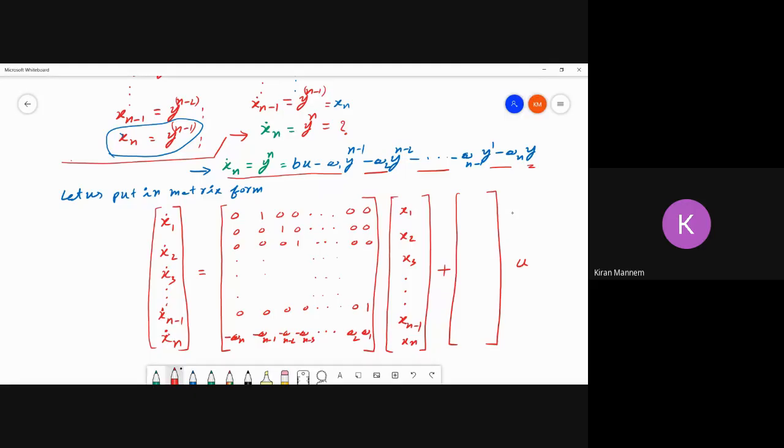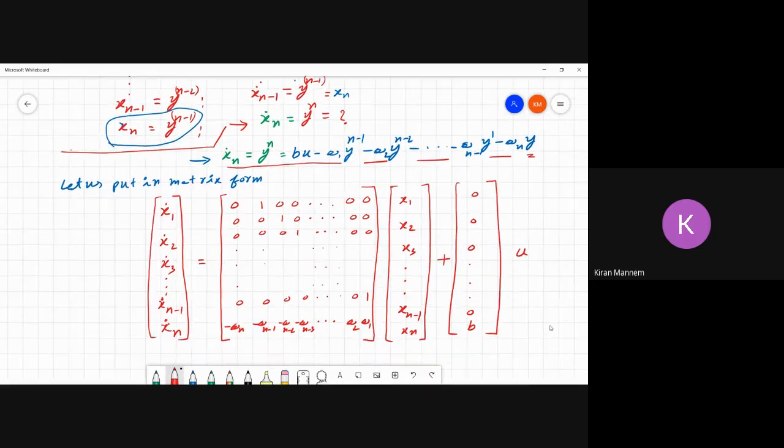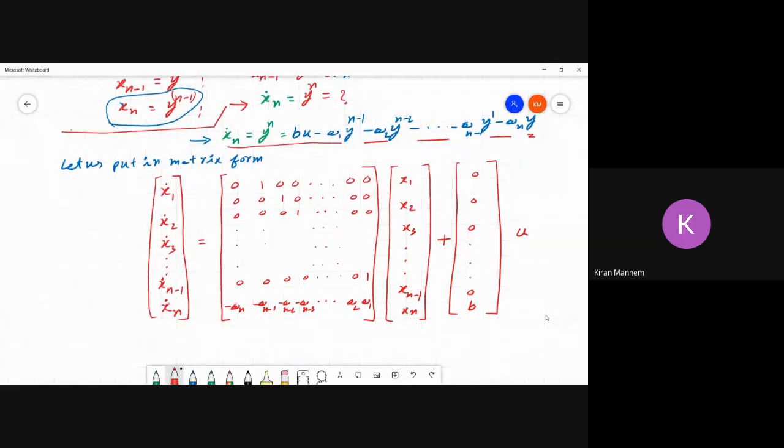Very simple. Put all zeros here. Since you have only B term, B into U value, so it would be B only, right? So this is how you can write the matrix or state model for the forcing function that does not have any derivative terms.